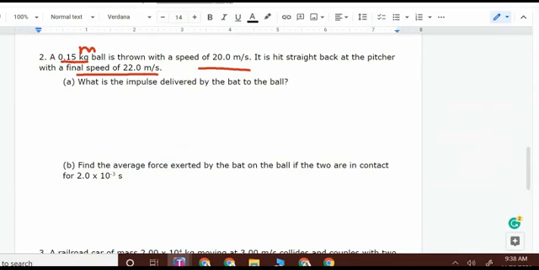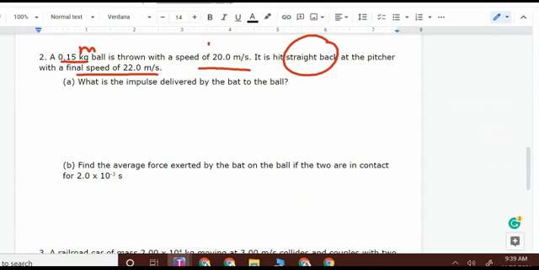Now, if you go from 20 to 22, a lot of people think it's a change of 2. It's not the change in velocity. Why is it not 2? Because it's hit and goes back.